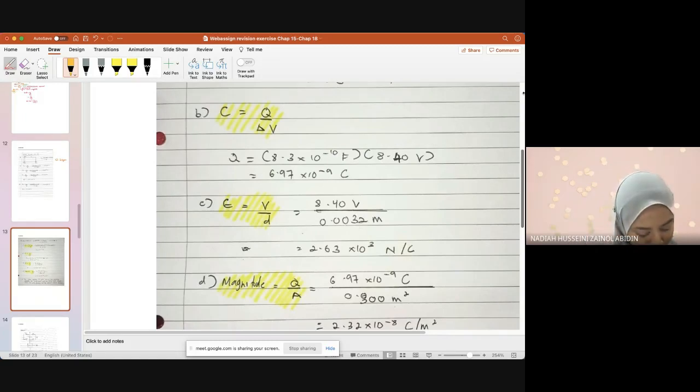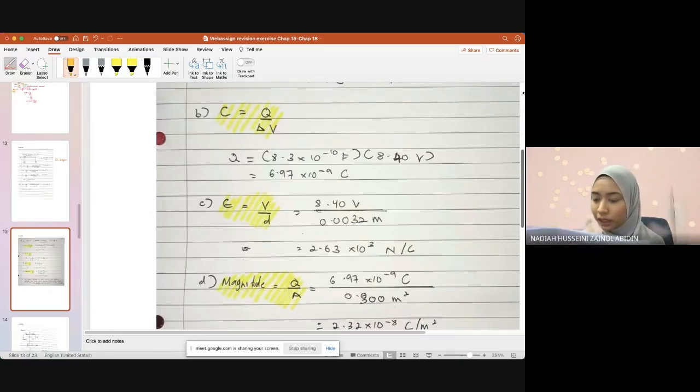Let's do number 14. Is it 14? Is it hard enough? Equivalent capacitance is easy. 14, 15. Wait a moment. I think capacitance is easy. You should be able to score, insyaAllah.